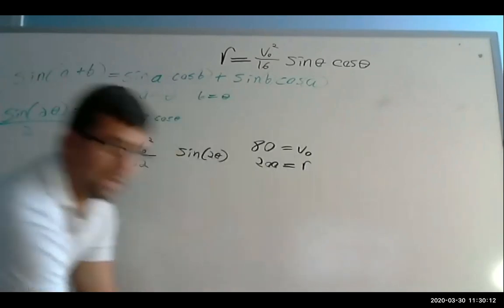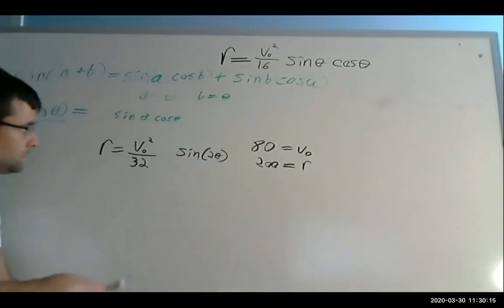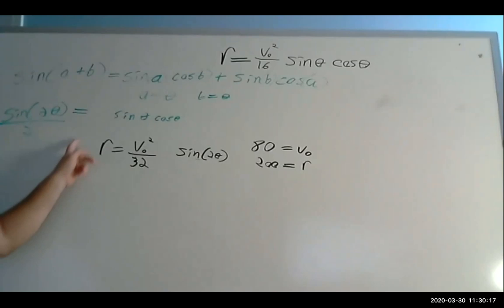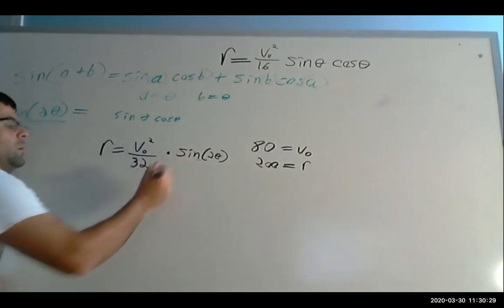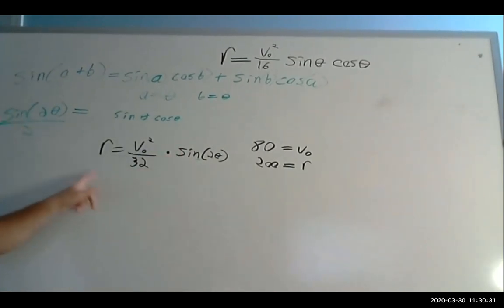So we're solving this thing for theta. Okay. So let's not plug stuff in yet. What should you do to solve this for theta? How do we generally solve for stuff?